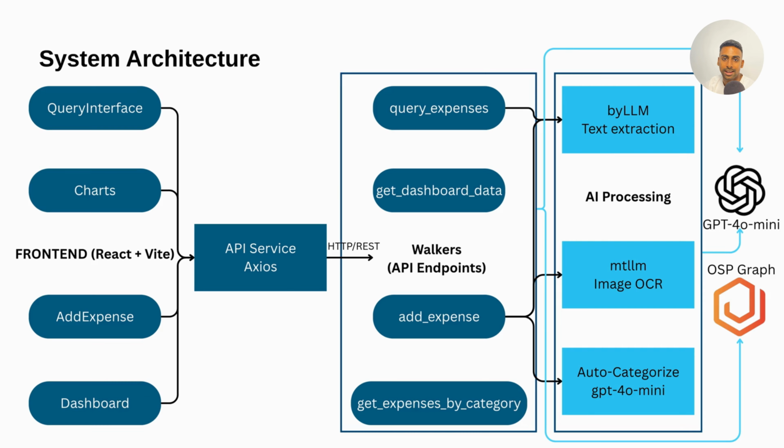Either the user can categorize it by their own free will, or we can allow the system to decide which category that particular expense should go under. And for this, we will be using GPT-4o Mini. That is how our walkers will be powered. And also, the OSP graph is the graph I showed you before, how our graph will be structured and how our walkers will traverse through it to get this system done.